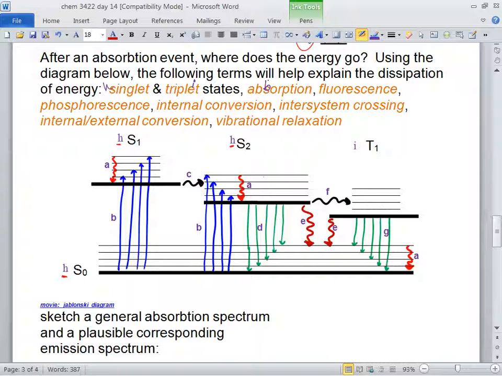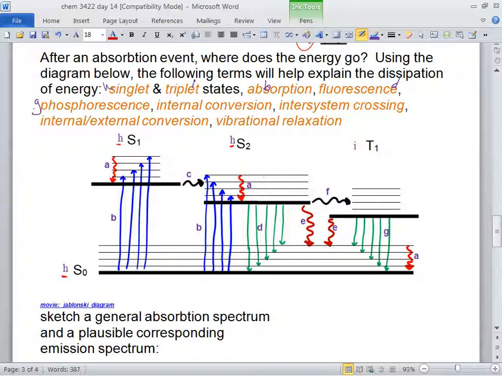That's just slowly getting rid of thermal energy. That's kind of like radiationless stuff. So if we're talking about fluorescence, you really only have two choices here: D or G. It's going to be D because it has to be singlet to singlet. Phosphorescence then would be G.